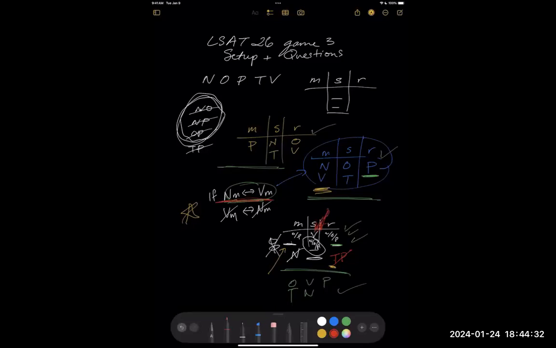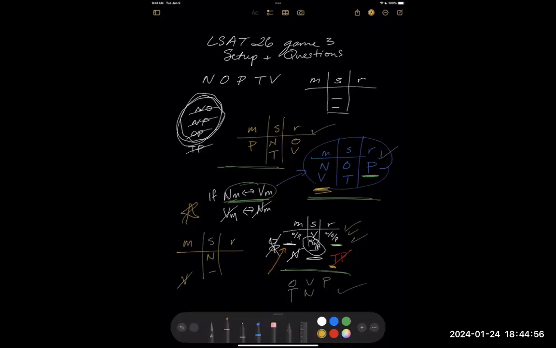Okay, so let's draw out that scenario. R. And instead of putting V there, we put N there. But we do know that that means that we can't have V going to the movies.